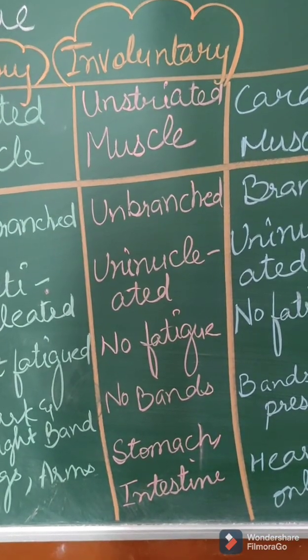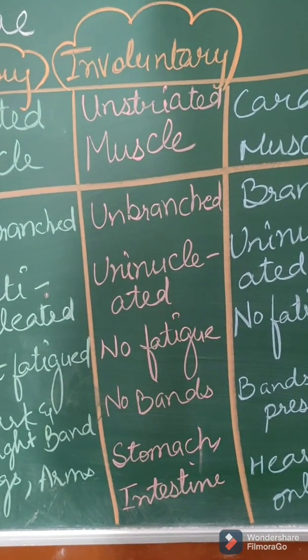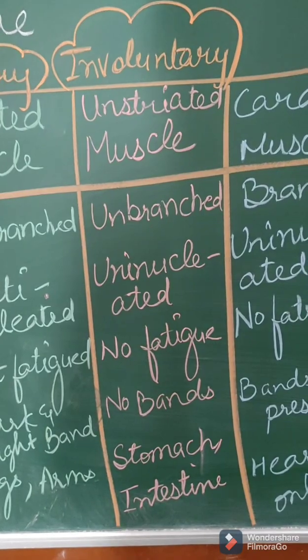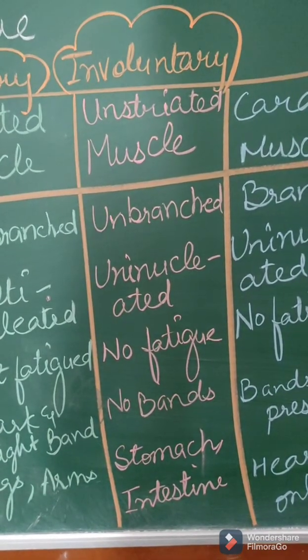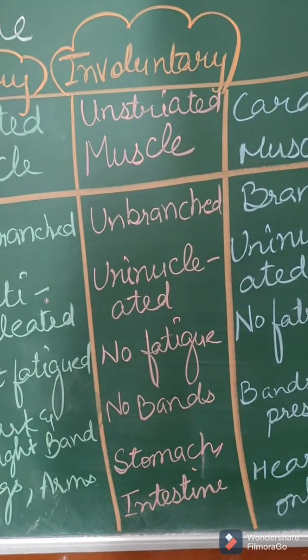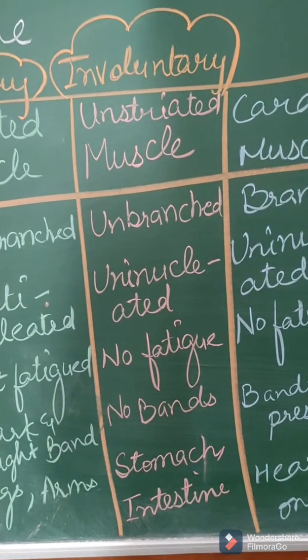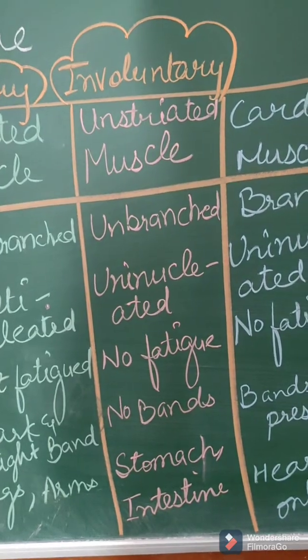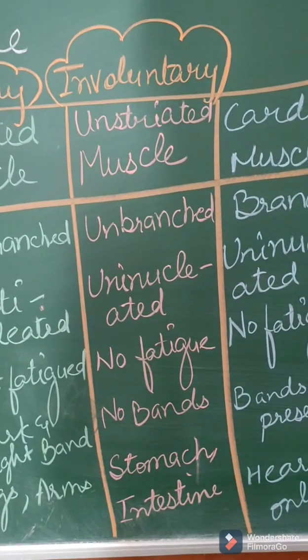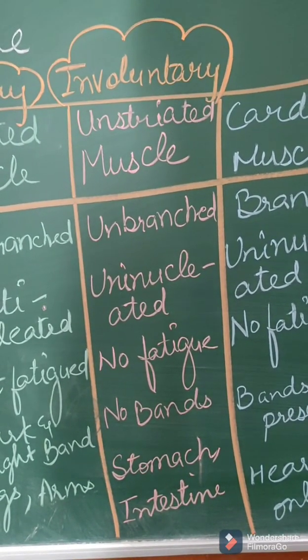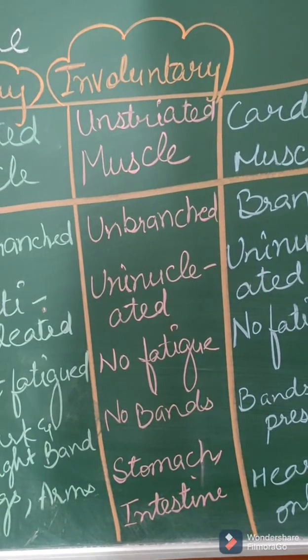For example, you have taken your meal and the stomach is digesting your food. Does the stomach take your permission? No. It works accordingly. Whenever it is getting food, it will start its process. So those muscles help in the digestion. So these are involuntary. That means these are not under our control.